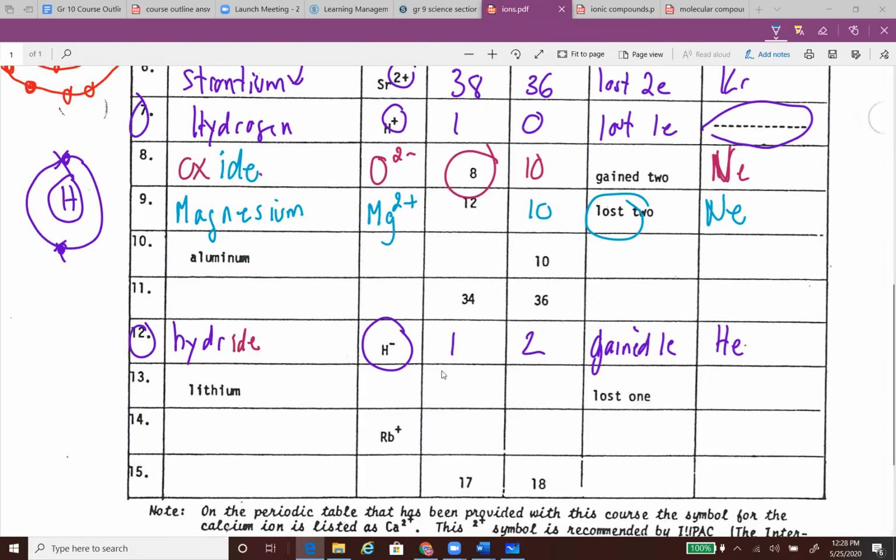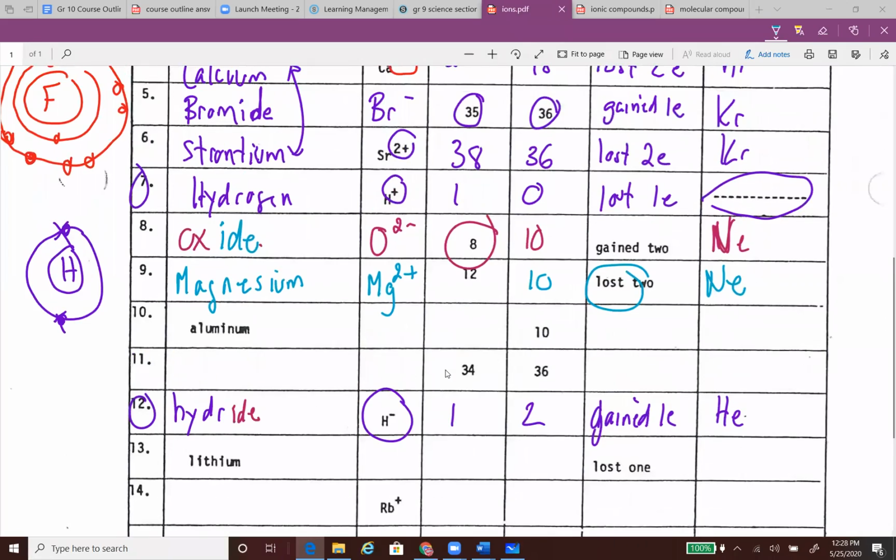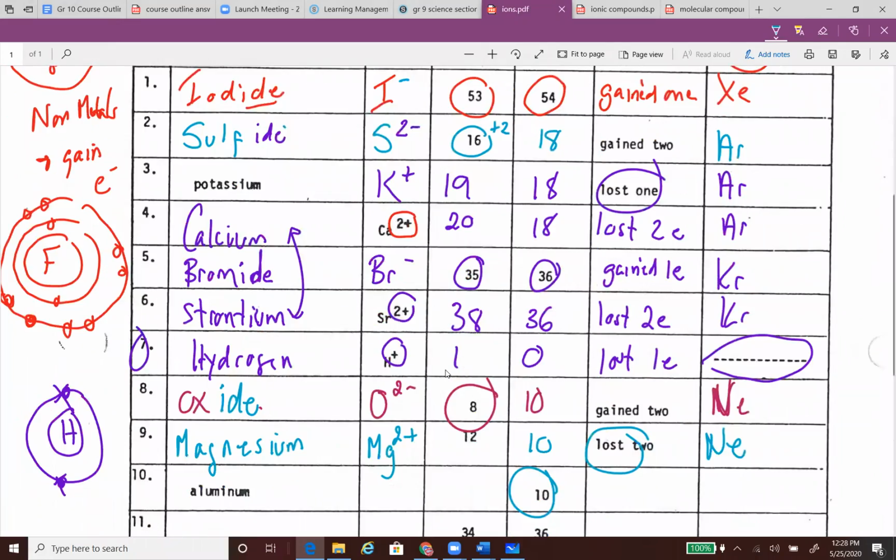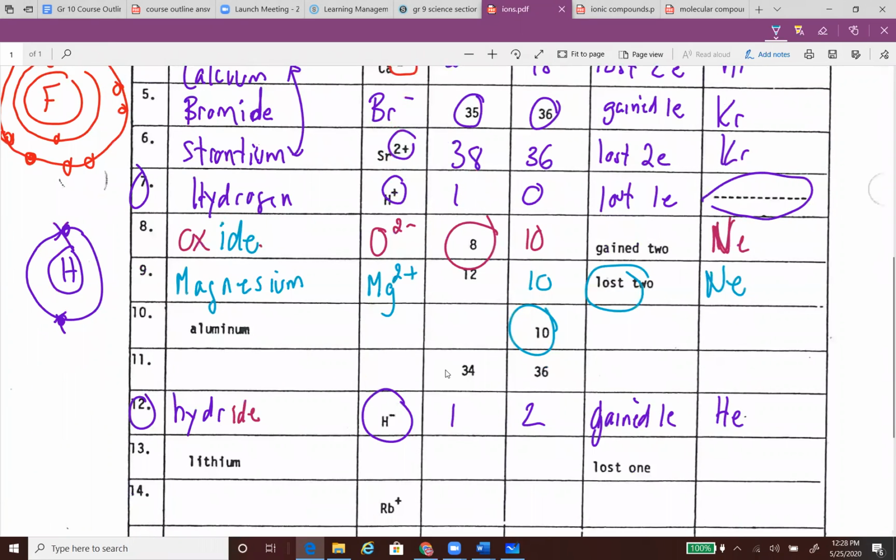So here's aluminum. It says it has 10. This column is the number of electrons, so it says it has 10 electrons. Now, aluminum is element number 13, which means it has 13 protons. If it's neutral, it should also have 13 electrons, right?